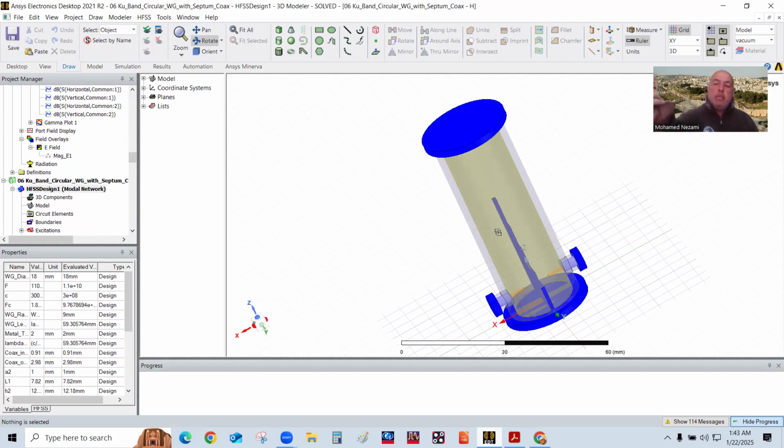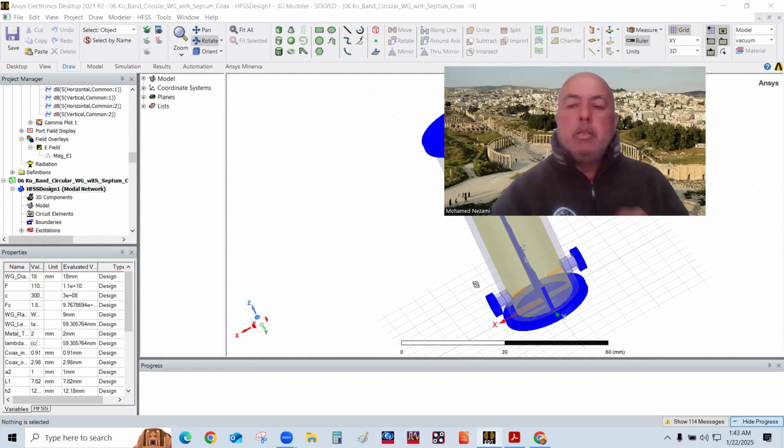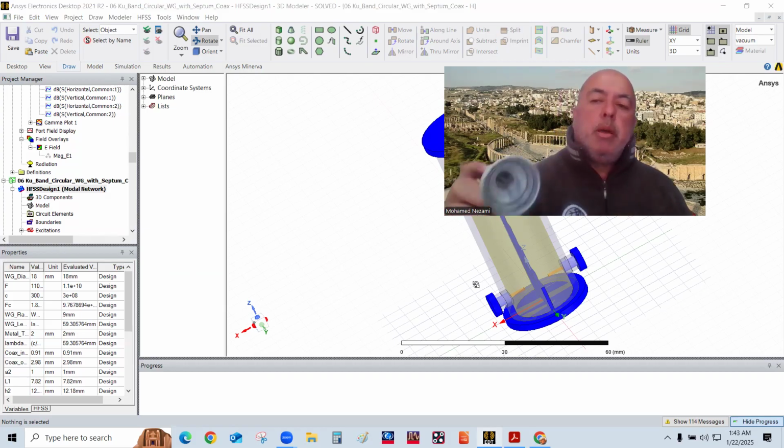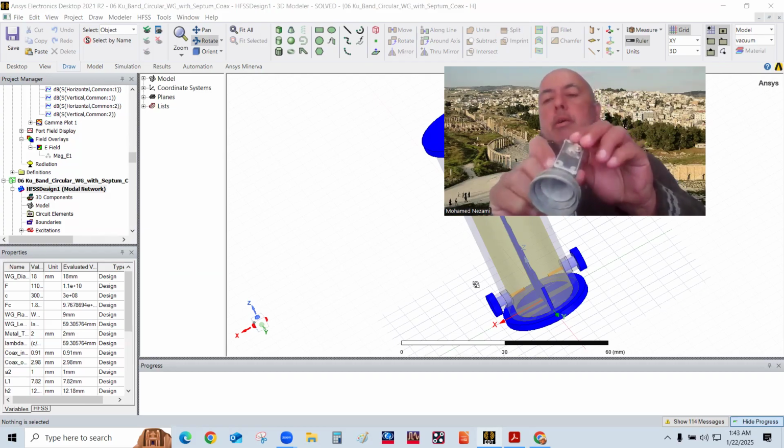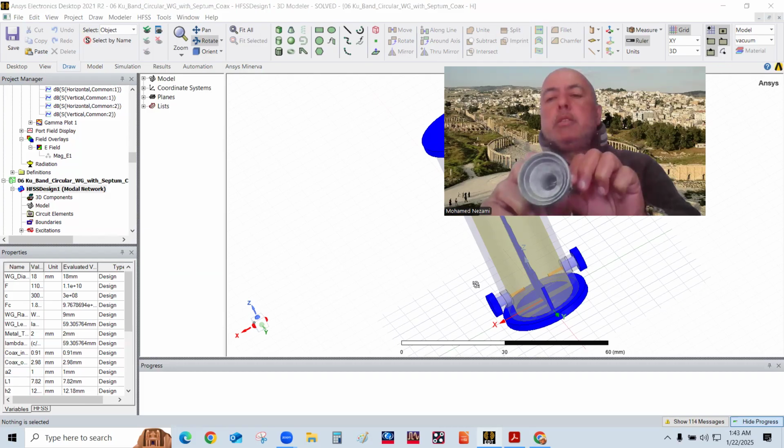The reason I'm going through both circular waveguide and the rectangular one is because if you look at any of these LNBs, I'm going to try to expand this so we can easily see. This is a Ku band LNB. The electronics is in this compartment here, but on the inside, you can see the probes, how they access.